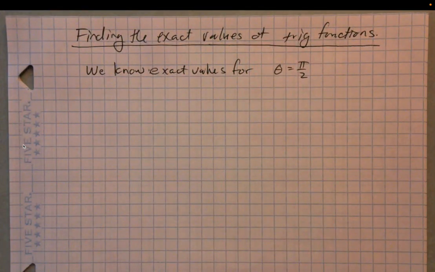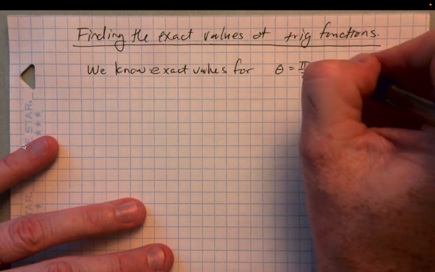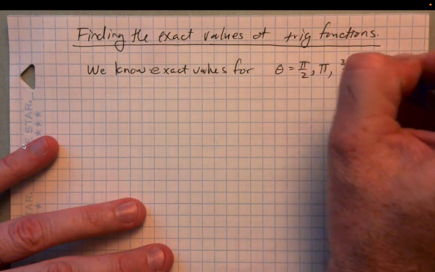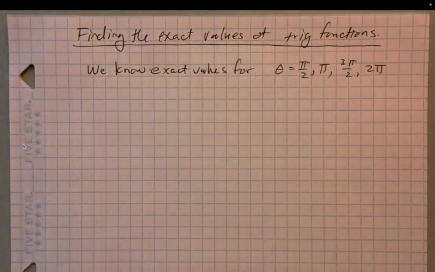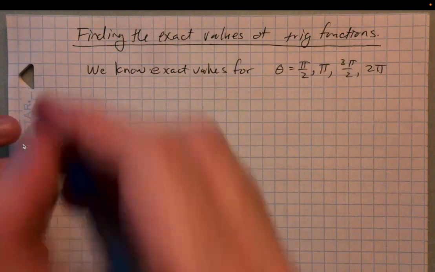But then I did give you as an exercise about 10 minutes ago to go through and find out for pi, 3 pi over 2, and 2 pi. So this is the quadrants, the quarters of the unit circle. What we want to do next is talk through exact values of the trig functions at theta equals pi over 4.